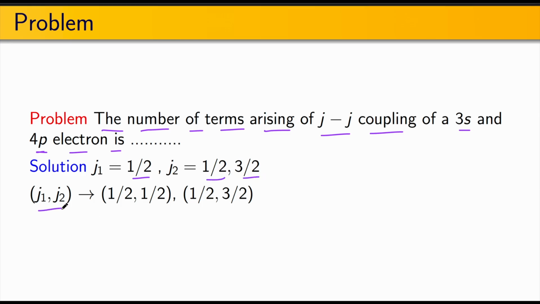So the combinations can be half and half, or half and 3 by 2, and from there I can get the possible values of J. For the first combination we will get J values 0 and 1, and for the second we will get the values of J to be 1 and 2.